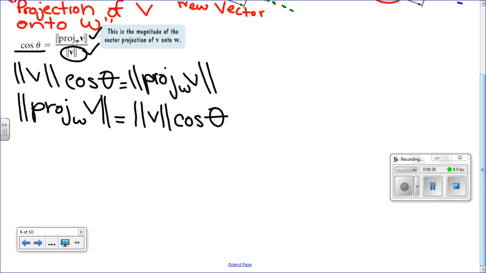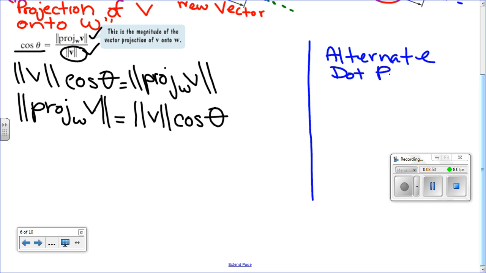All right, now from there, I want you guys to remember a formula that we derived last class. And it was the alternative, or alternate, I think, alternate dot product formula. And so we do have two, right?